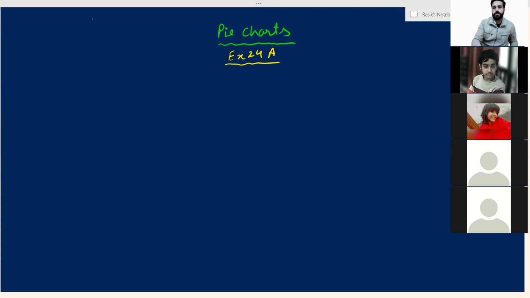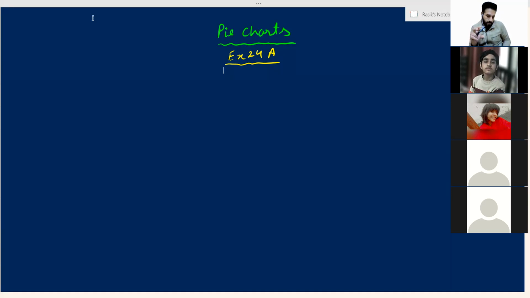So what is the process of doing it? According to the money spent on a particular area, whether it is rent, food, clothing or education, you have to find the appropriate angle that should be assigned to that area according to the money spent.